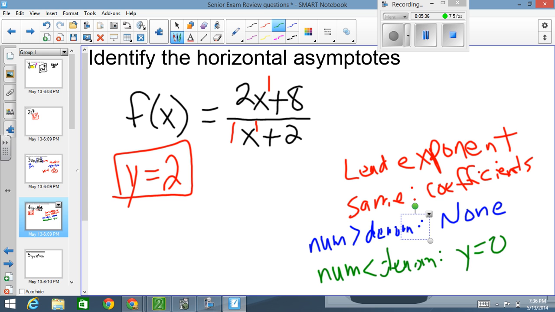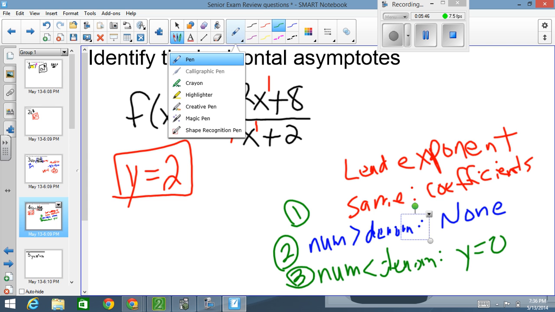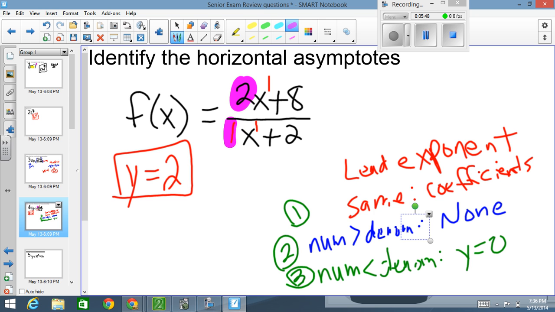So three different possibilities. If they're the same, we use their coefficients. If the numerator is greater than the denominator, then there are going to be none. If the numerator is less than the denominator, then y equals 0 will be your horizontal asymptote.